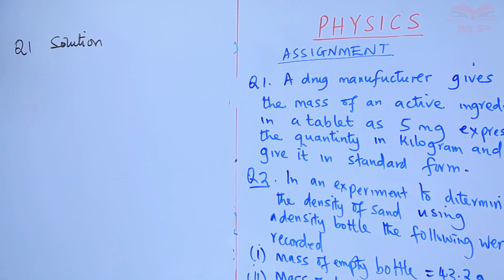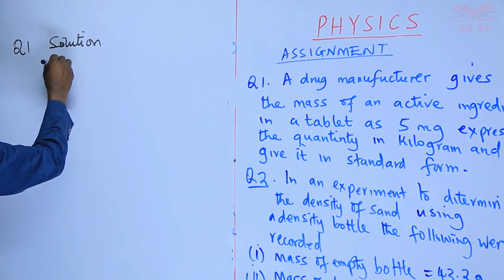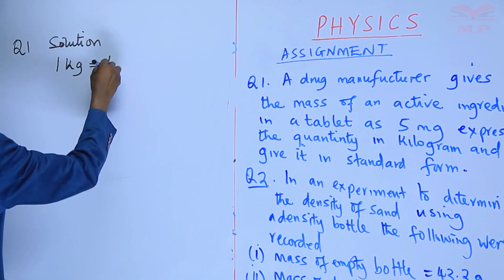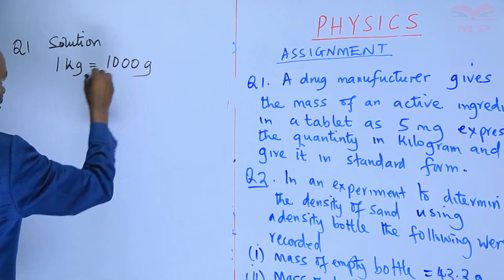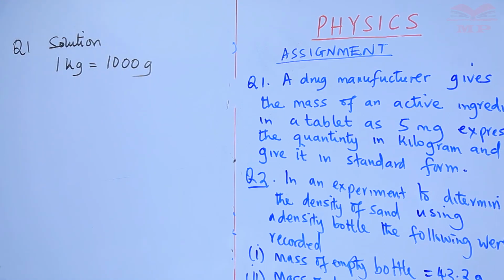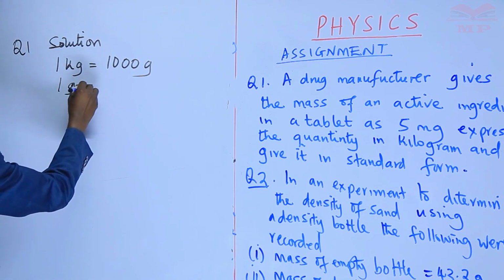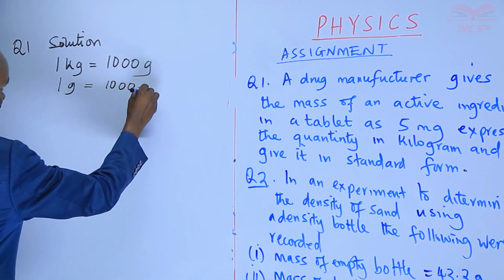So before you start, you should know 1 kilogram is equal to 1,000 grams, and 1 gram is equal to 1,000 milligrams.